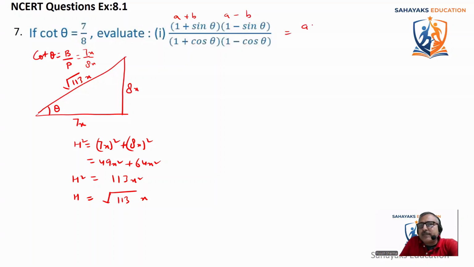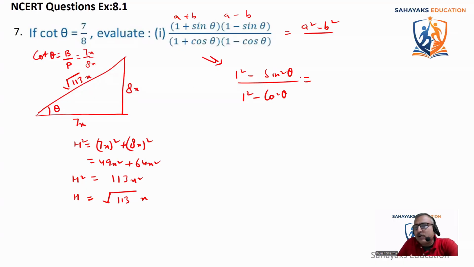That is a square minus b square. So we can use that formula. So we can write the same equation as 1 square minus sine square theta divided by 1 square minus cos square theta.